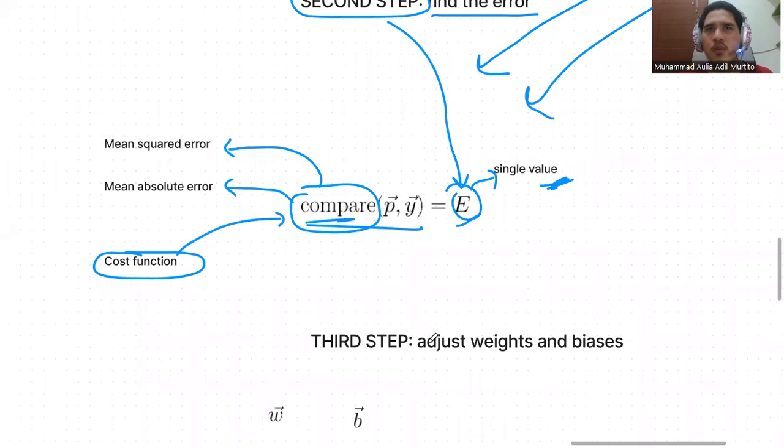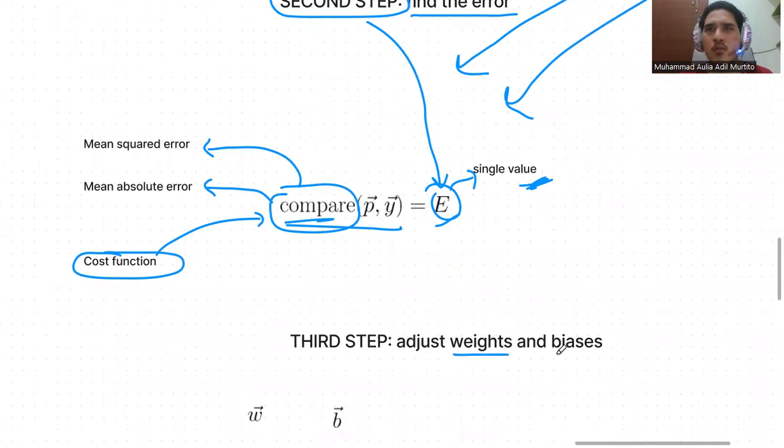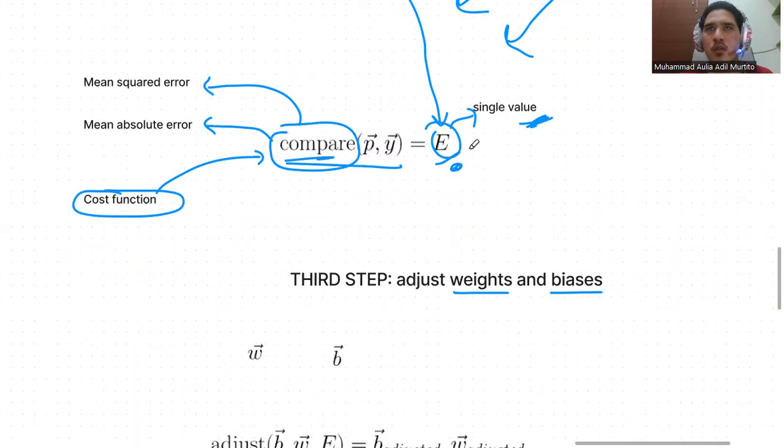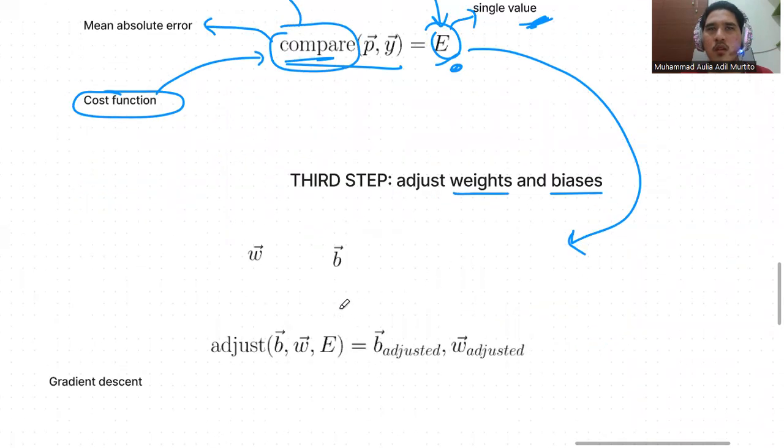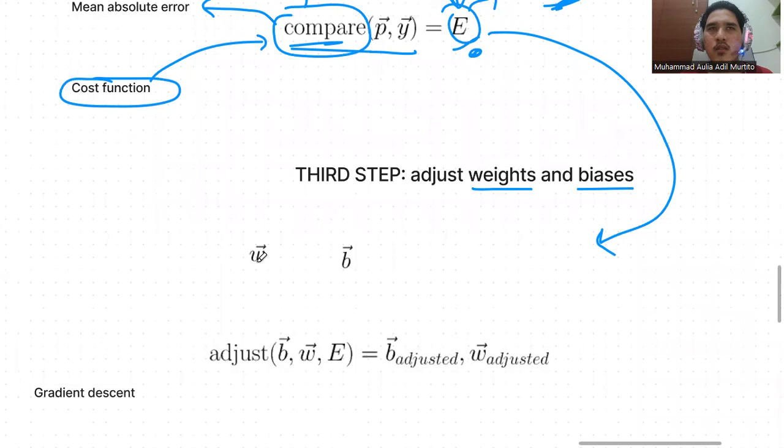Now, the third step is to adjust the weights and biases according to the error. So we bring the error to the third step, and we represent the weights as a vector of weights, and the biases as a vector of biases, like so. Then we adjust them.